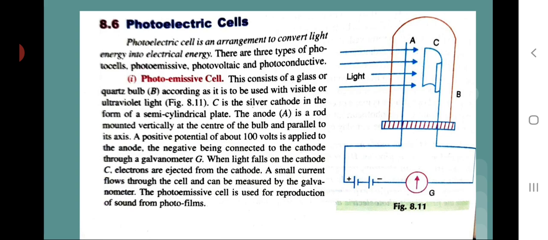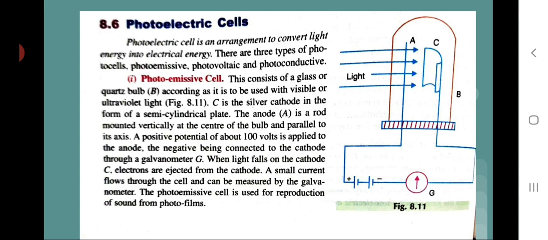A positive potential of about 100 volts is applied to the anode, the negative being connected to the cathode through a galvanometer G. When light falls on the cathode C, electrons are ejected from the cathode.